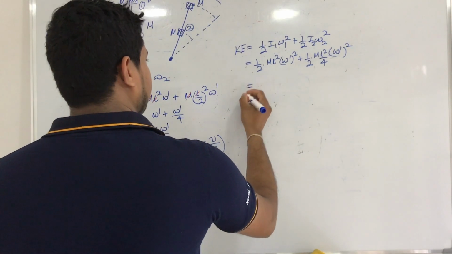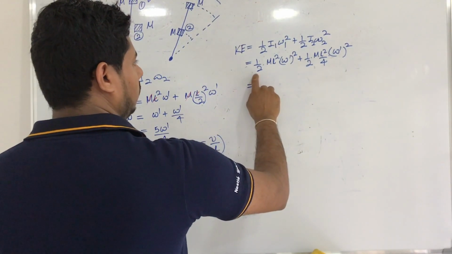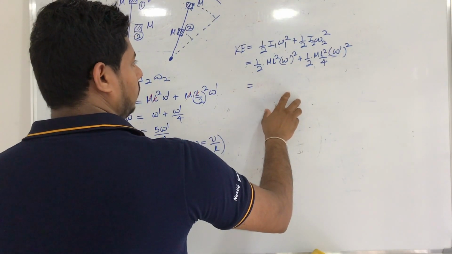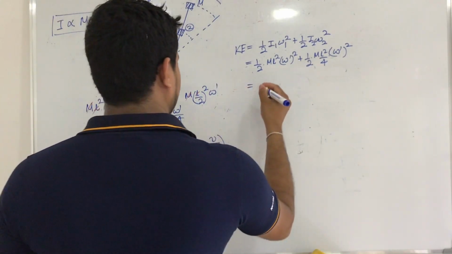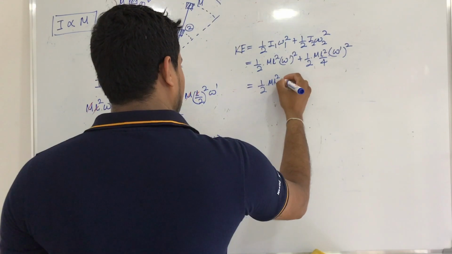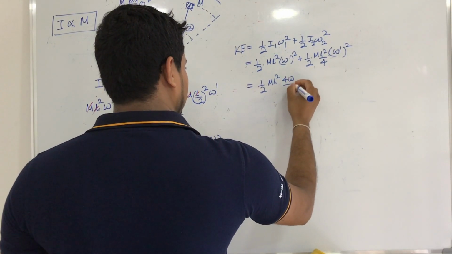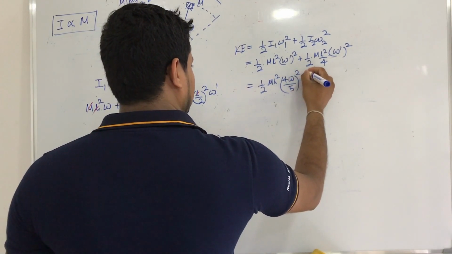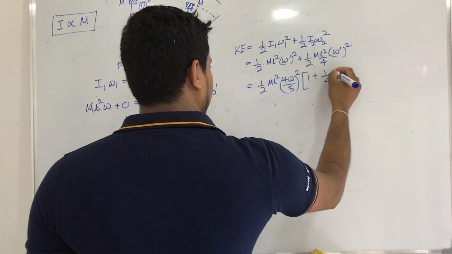Now you can take all the common terms out. Half is common for both, ml squared is common for both, and omega squared is also common for both. Take all of these out: half ml squared, omega dash is 4 omega divided by 5, all squared. What is remaining inside is 1 plus 1 over 4.